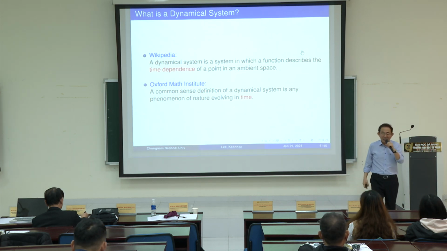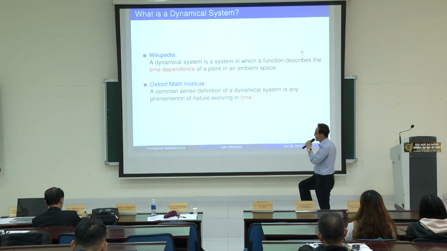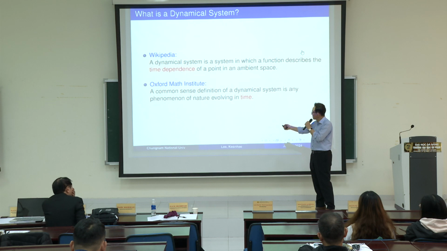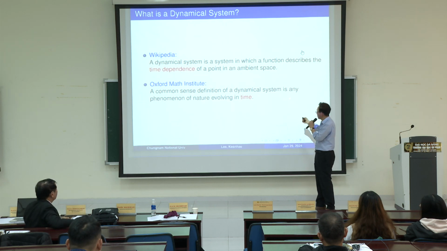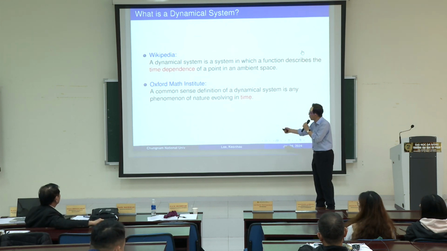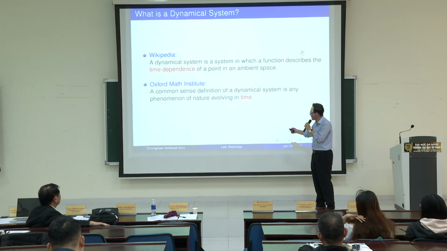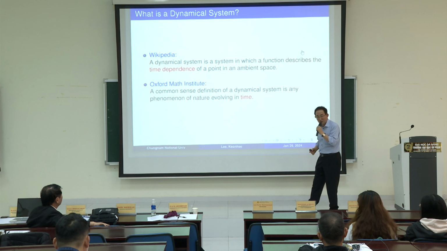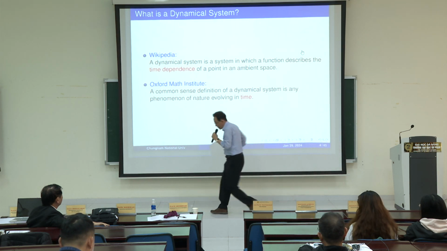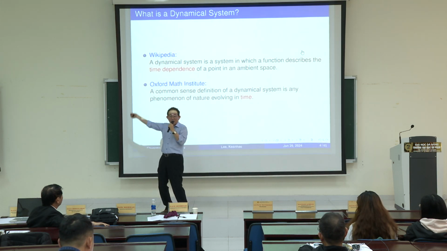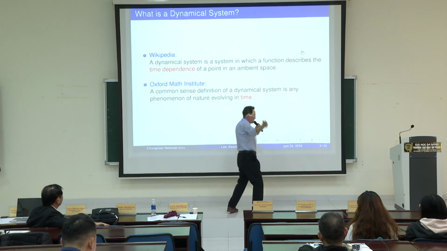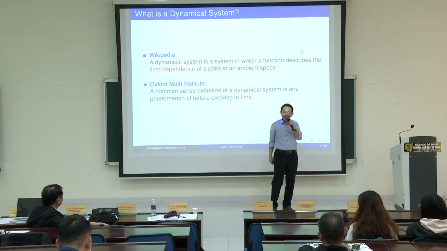On their website, the common sense definition of a dynamical system is any phenomenon of nature evolving in time. So look at me. This is dynamics. Any natural phenomenon evolving in time.